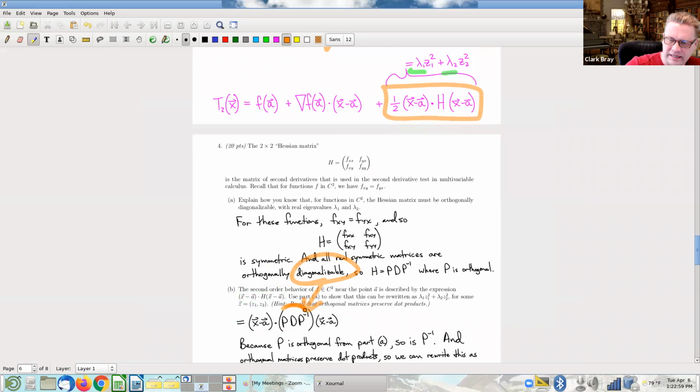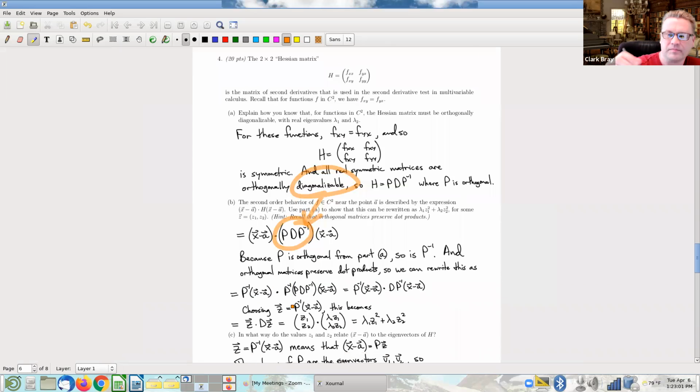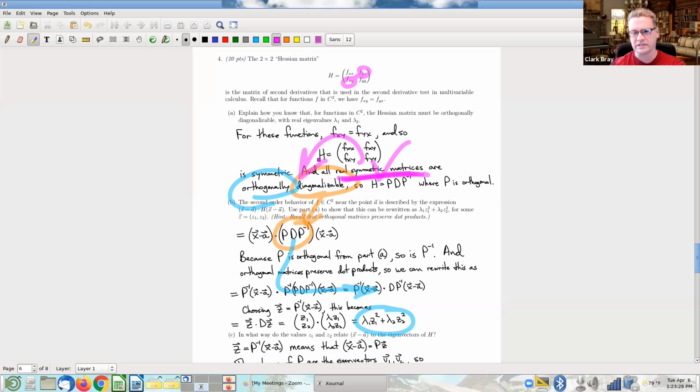It's because these derivatives are equal to each other that I have a real symmetric matrix, which gives me the two tools I need to make this algebra all work out.